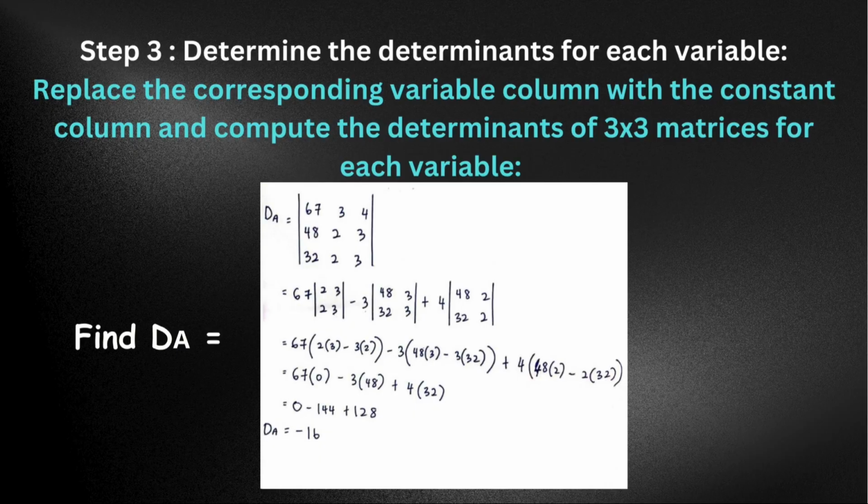Equal 67 times 0, negative 3 times 48 plus 4 times 32, equal 0 minus 144 plus 128. And the answer for dA is negative 16.